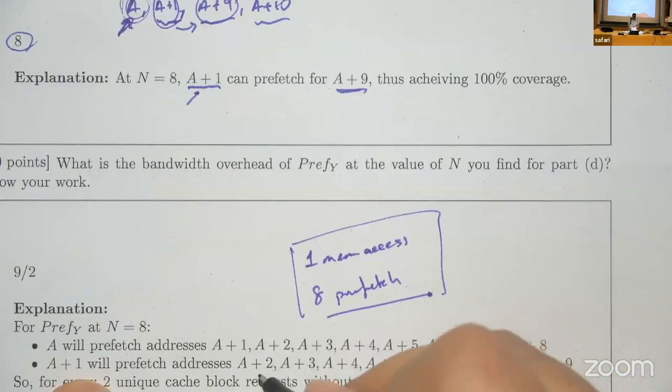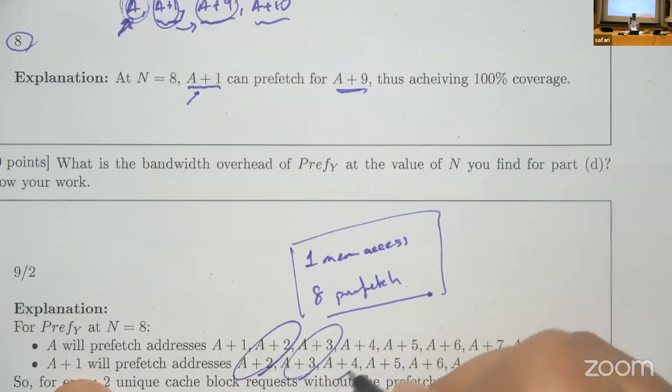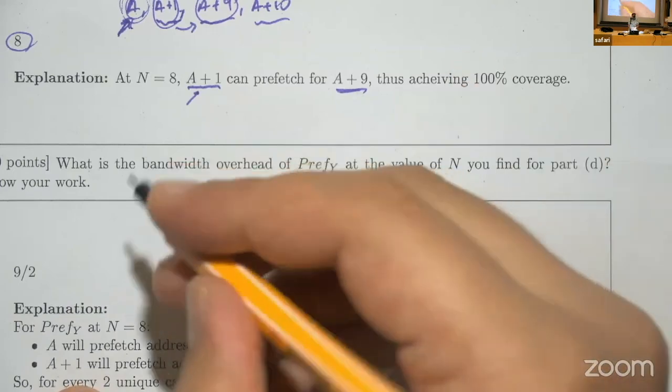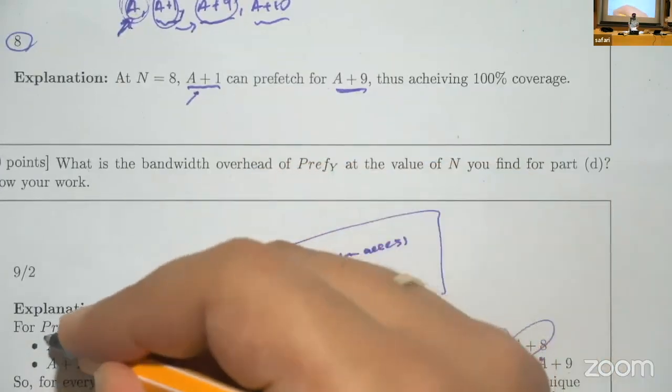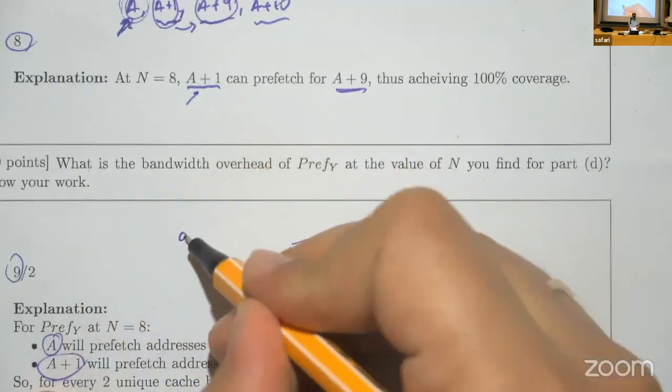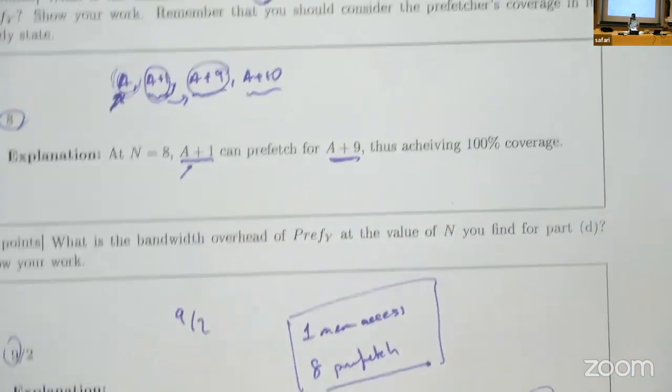Some of these will not be repeated because these are the same addresses. So when you simulate for this particular access pattern, when you access 2 different locations, you will end up having 9 accesses. So it's 9/2. And this is the end of this question.